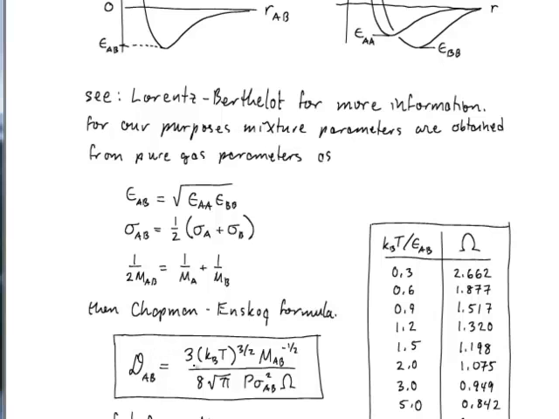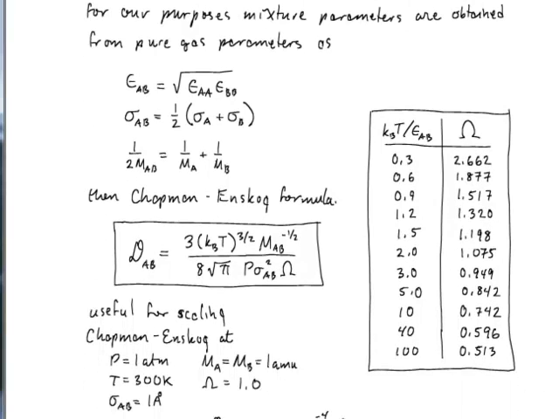The diffusivity of AB again has the T to the 3/2 dependence, again has the effective mass to the -1/2, again pressure to the -1, and again collision diameter to the power -2. There is this collision integral that characterizes the degree to which they stick. And that depends on this kT over epsilon parameter. So when you look up this kT over epsilon, you get the value of this collision parameter, and we'll continue more next time.